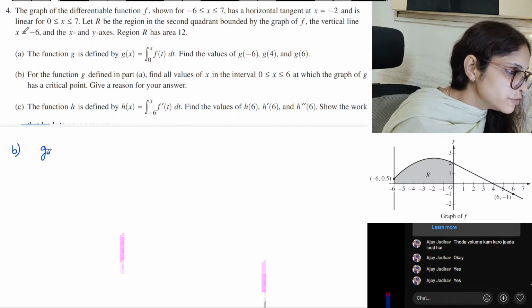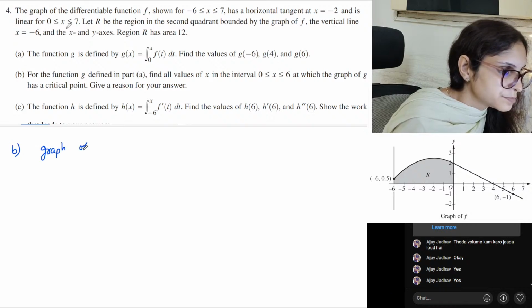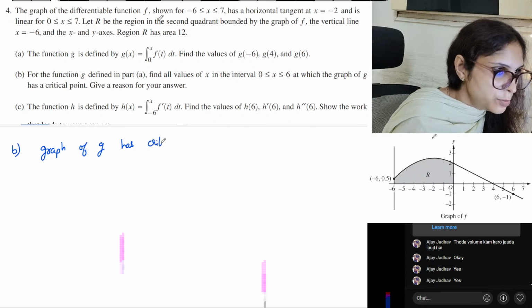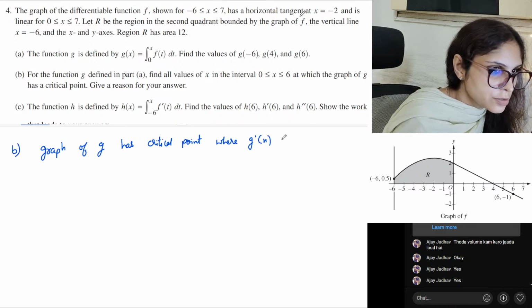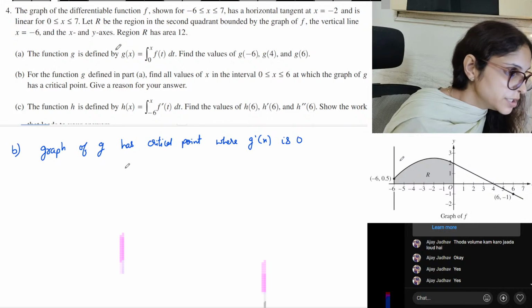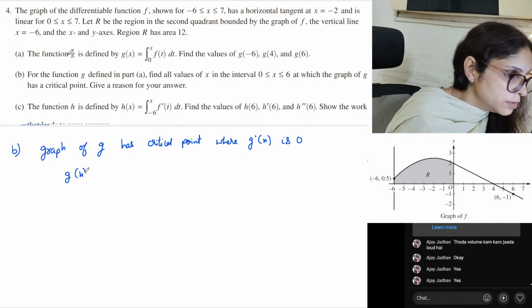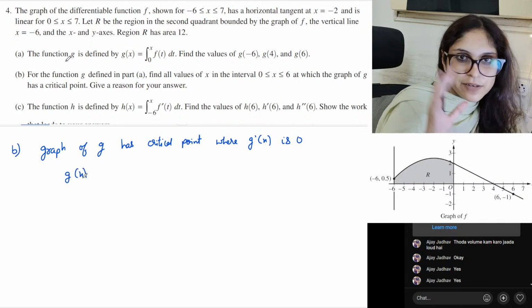So now the graph of G has a critical point where G derivative of x is 0. Got it? Because critical points are where derivatives are 0.